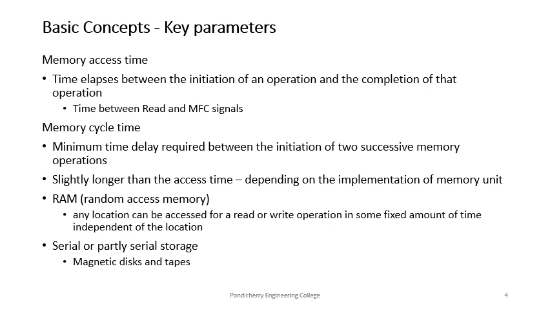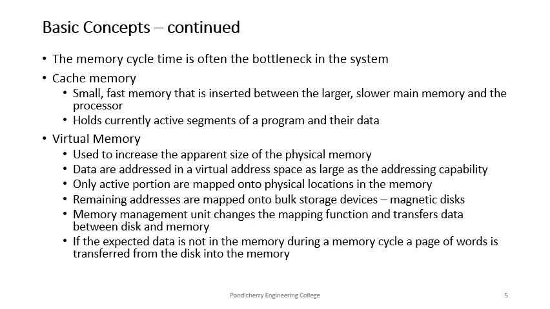One is cache memory, an important concept. Cache memory is a small but fast memory inserted between the main memory and the processor. It always holds the currently active segments of the program and their data.